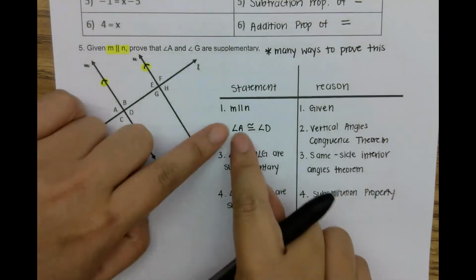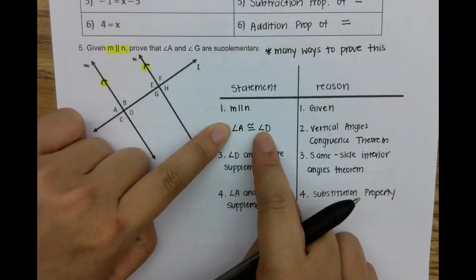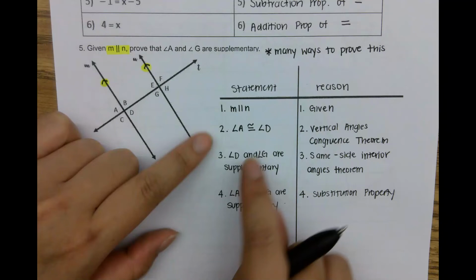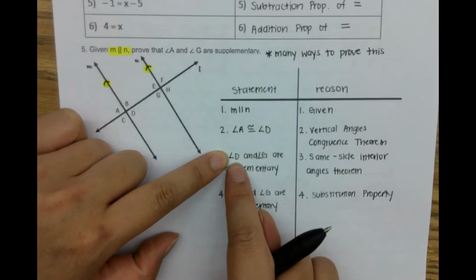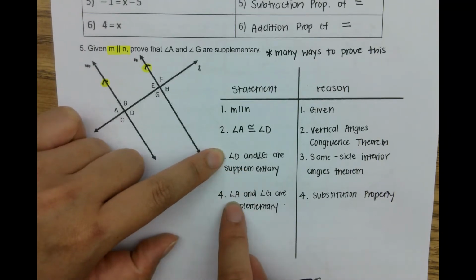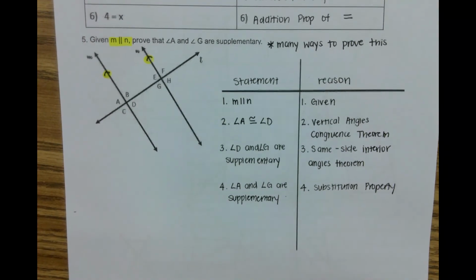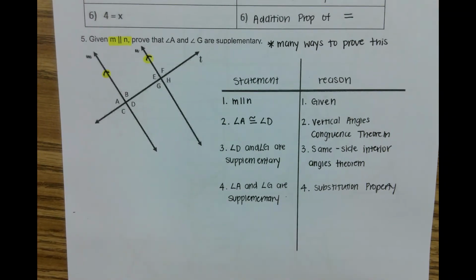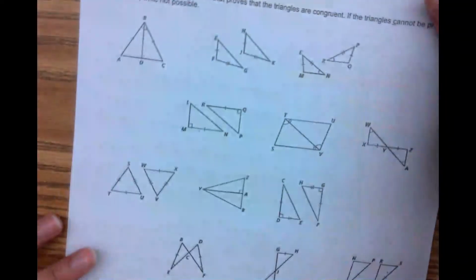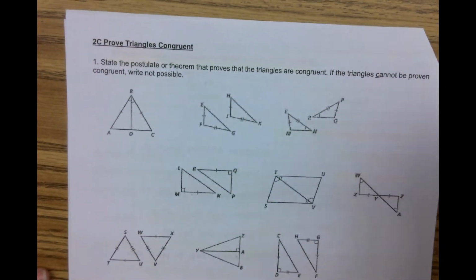Because if A and D are congruent, they are equal to each other, that means wherever angle D is, I can substitute it with angle A. And so this is one of the many ways you can prove that angle A and angle G are supplementary. Let's flip. Okay, we are on our last section, which is to prove that triangles are congruent.